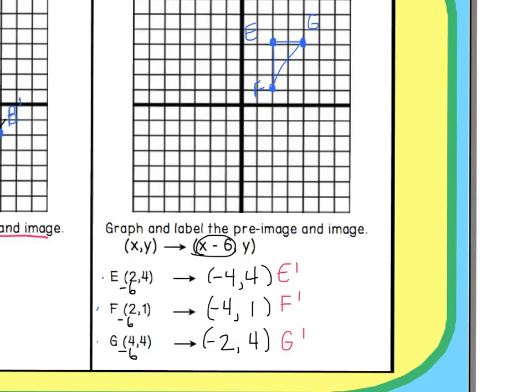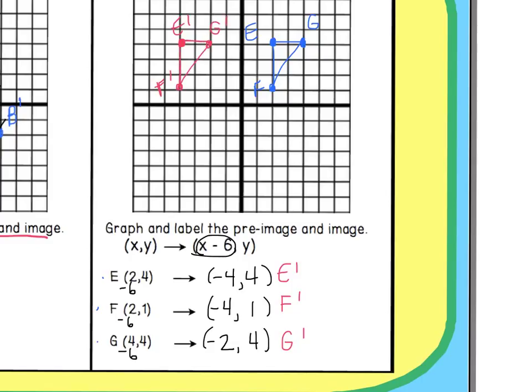When I then go and do our next triangle, I'll do those in red. We have negative 4, negative 1, 2, 3, 4, and that's E prime. We have negative 4, 1 as F prime, and we have negative 2, 4 as G prime.